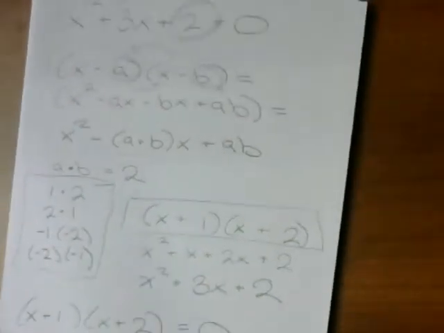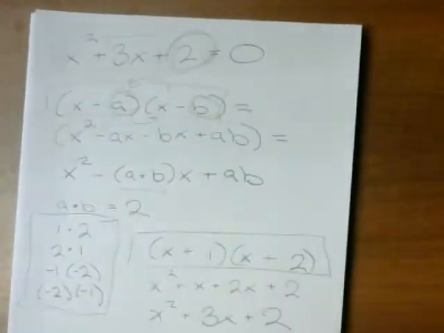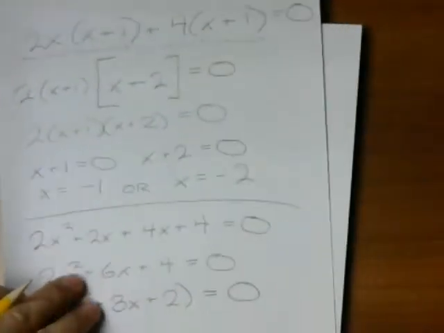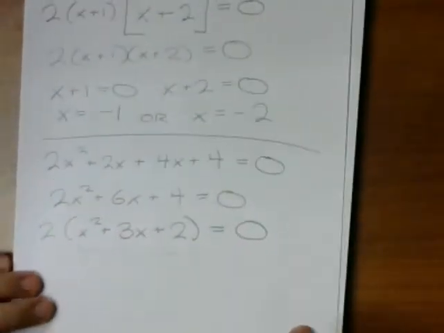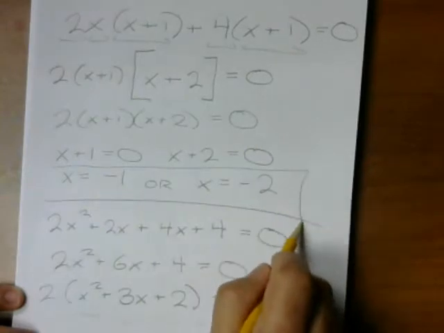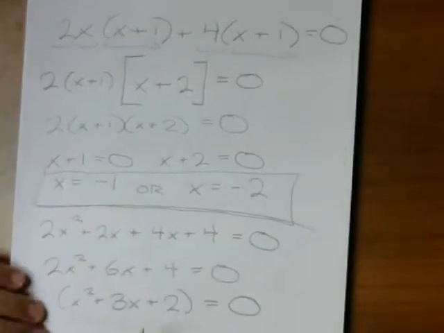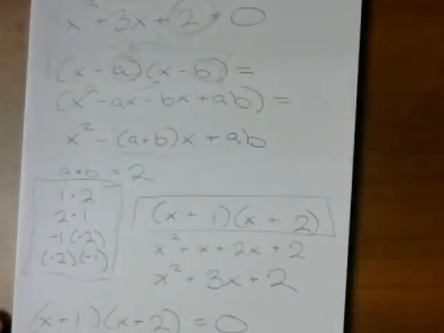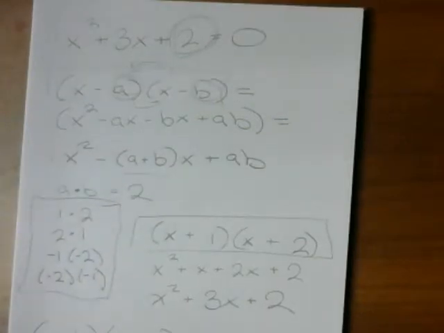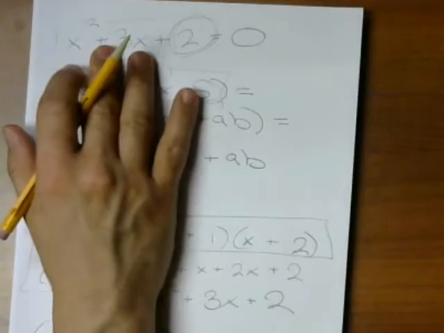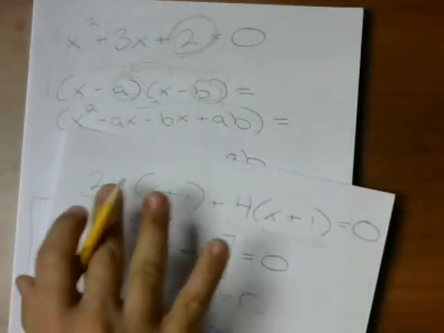Now, if you remember where this came from, the problem we did before, which looked like this, we can see right now that my answer matches. So we really did get the right answer. If you doubted it, though, we wouldn't have to go back to there. We could go up to here and just plug in those numbers, or even go back to here and plug in -1 and -2 to check.